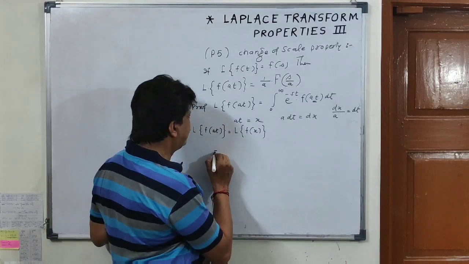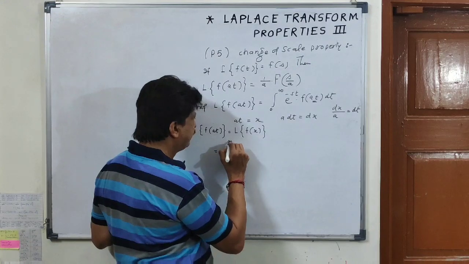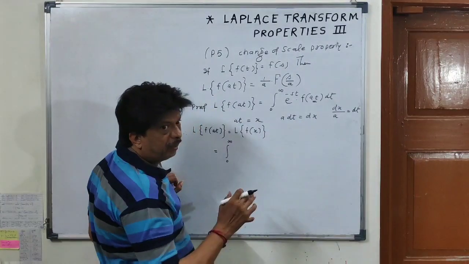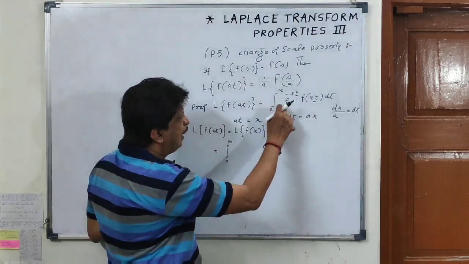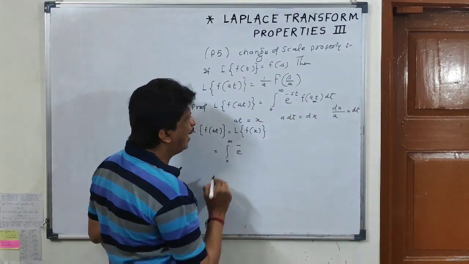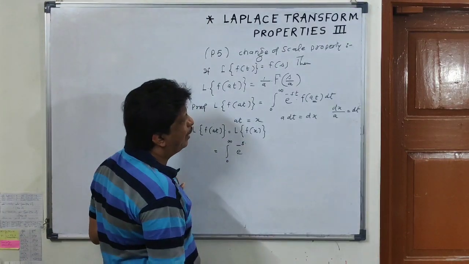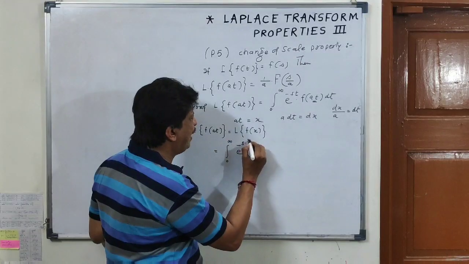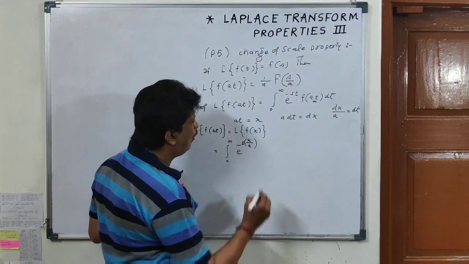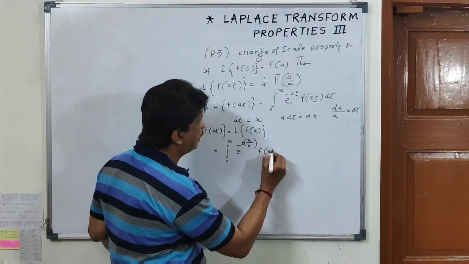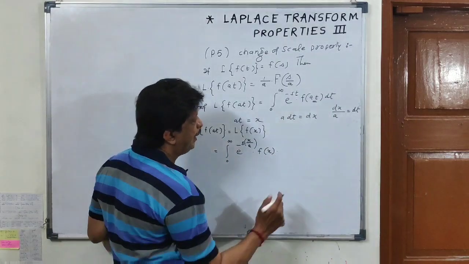integral 0 to infinity. As long as t varies from 0 to infinity, x also varies from 0 to infinity. E raised to power minus s times t. What is t? It is equal to x by a, into f of x, and dt is dx by a.